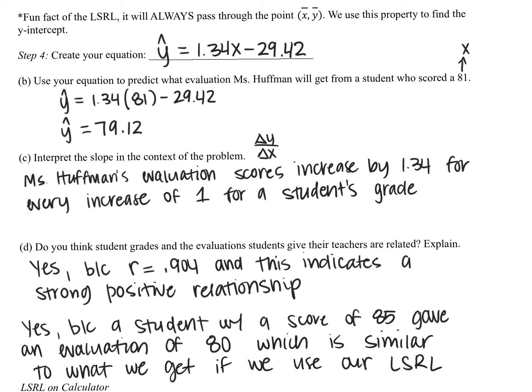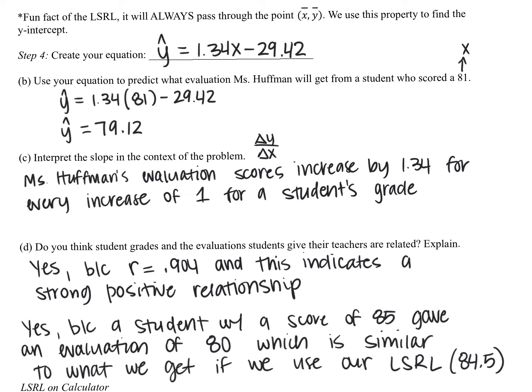So like if I were to use my least squares regression line and use the 85, right? 1.34 times 85 and then minus 29.42, we get 84.5. Which is similar, close to what we got.